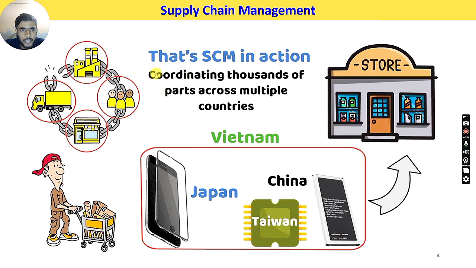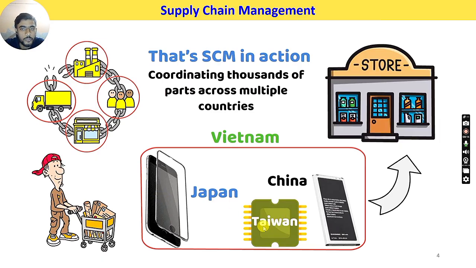Here we can see coordinating thousands of parts across multiple countries. This is an example of Vietnam. Vietnam is a very good country which manufactures multiple great smartphones. But you can see here that the mobile phone screen comes from Japan. They buy their mobile screens from Japan.